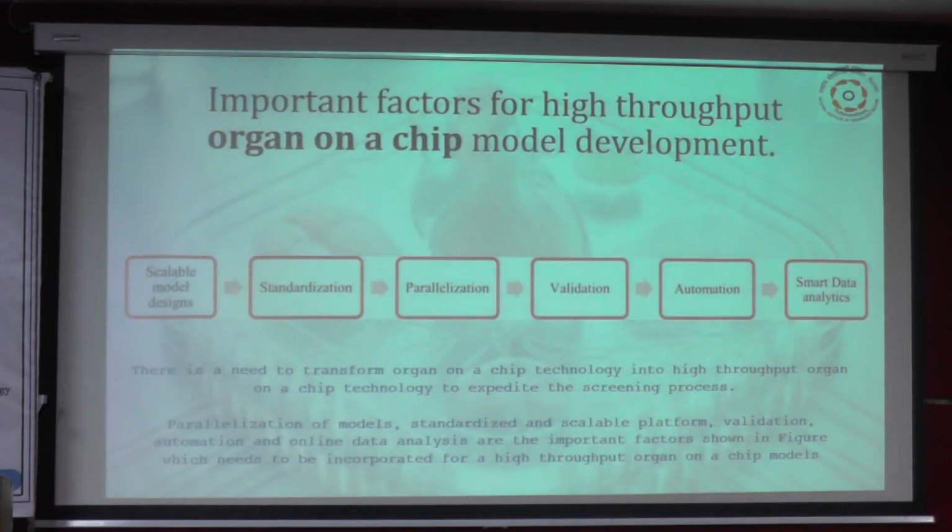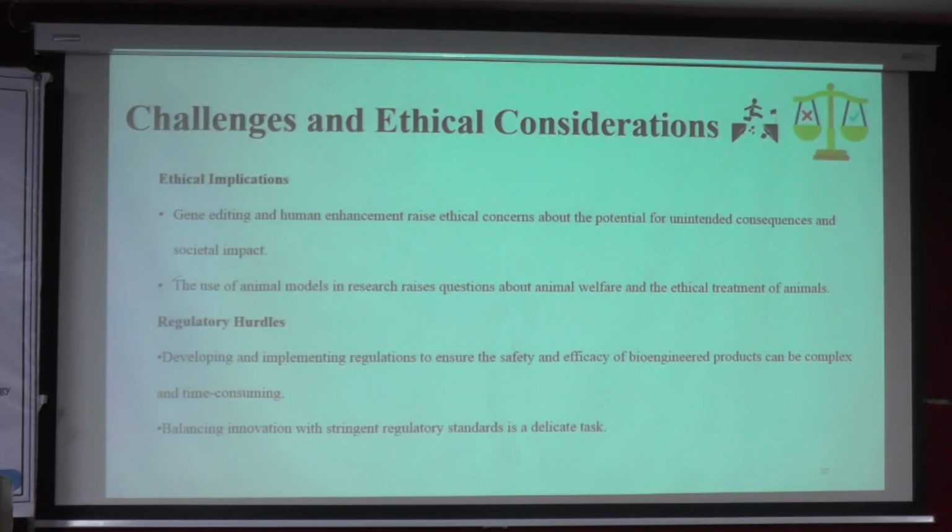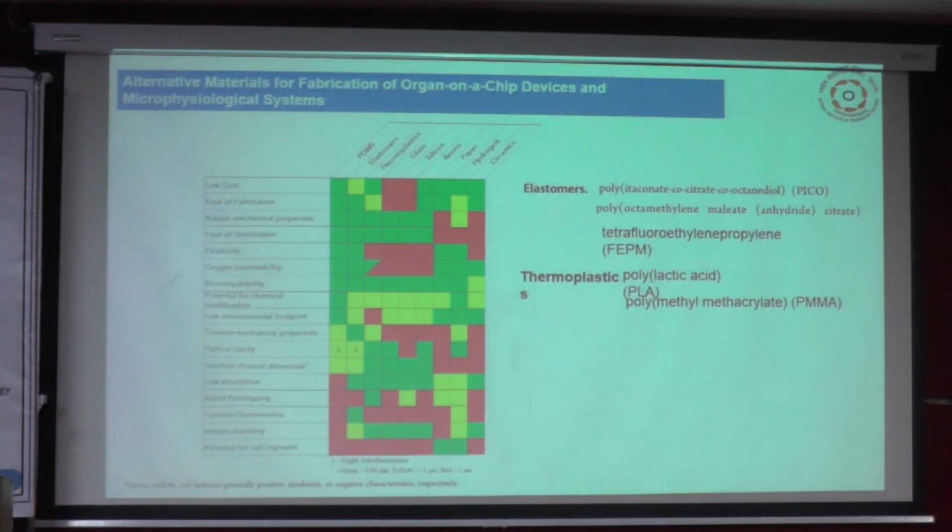There are so many slides, so I will go to some particular slides. These are very important because I was talking about the materials. You can see how many types of alternative materials there are for organ-on-chip devices and microphysiological systems: PDMS, elastomers, thermoplastics, glass, silicon.